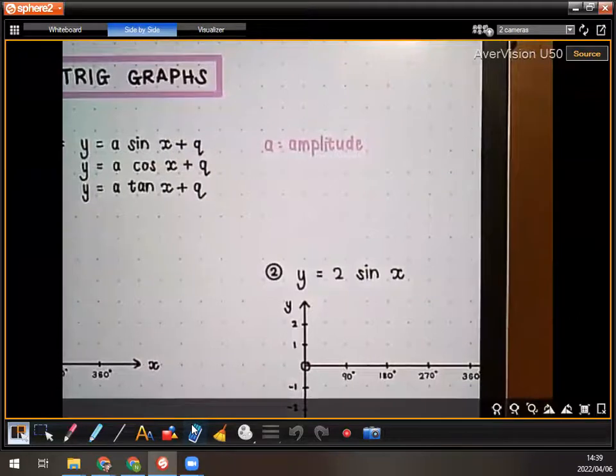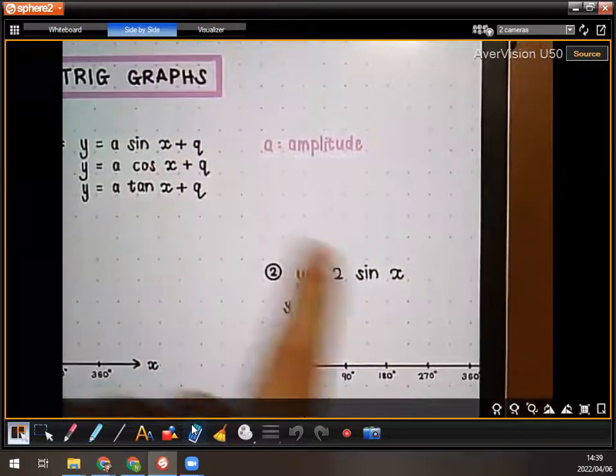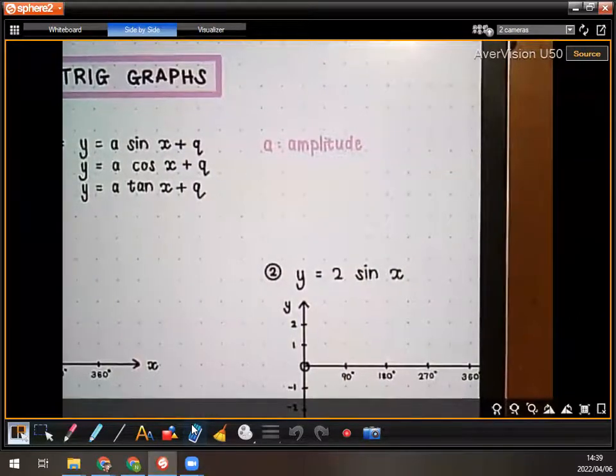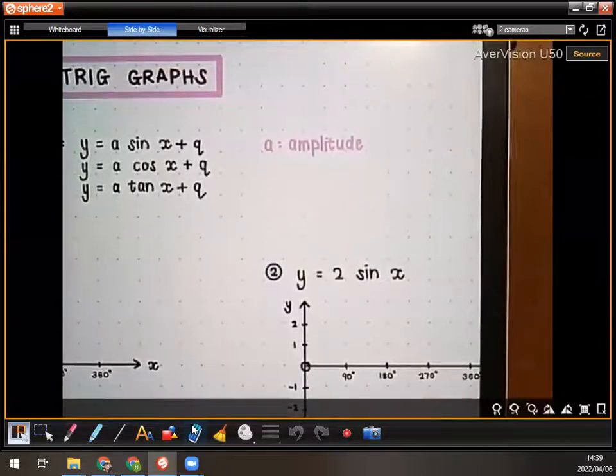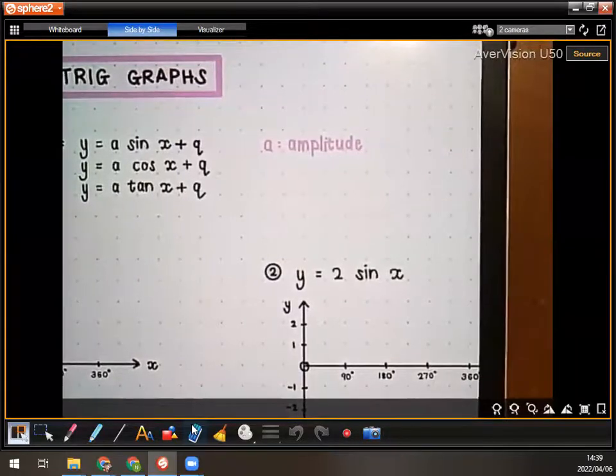Okay, now that x-axis, we will draw it just now. The x-axis is almost like the middle value. At the top, it will go up to 1. At the bottom, it will go down to -1.